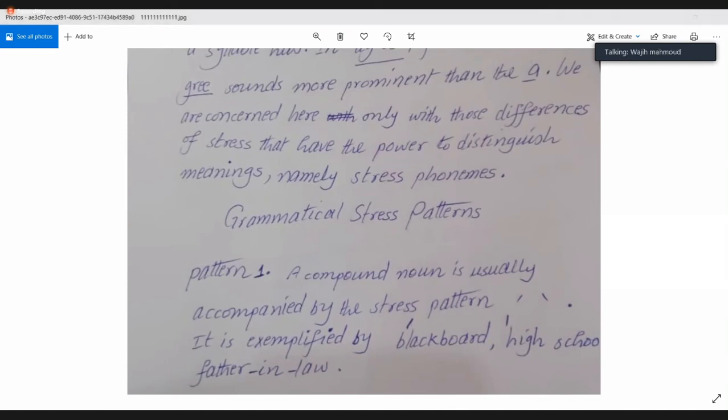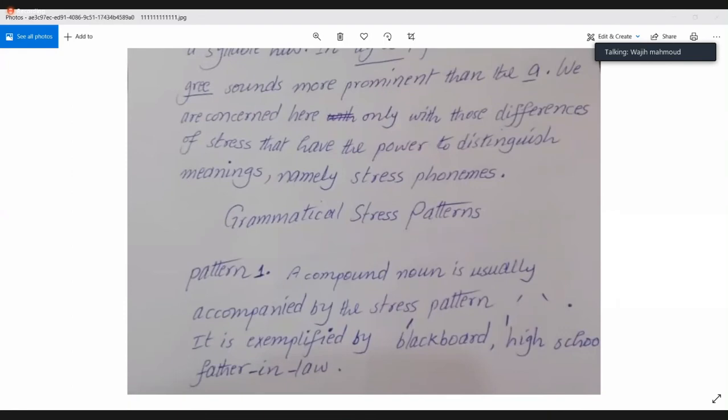First, we have grammatical stress patterns. This is how stress affects communication. I've chosen 4 basic patterns.